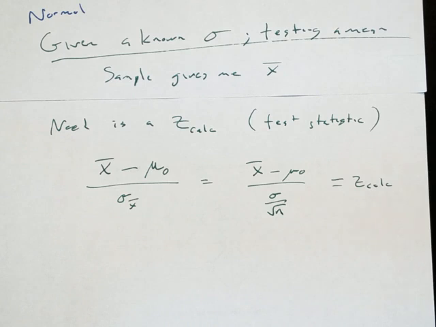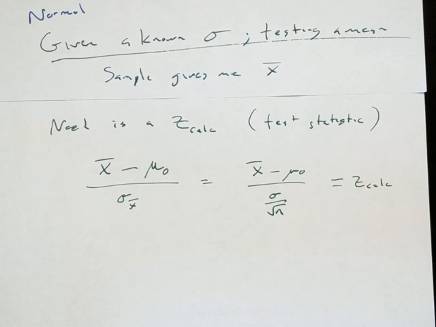Okay, wait a second. I'm asking how far off from my assumed value is the one I got from this group. And I want to be confident that that difference is small.